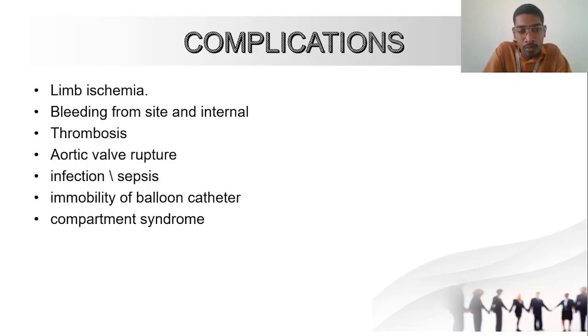And also compartment syndrome. It's a muscle condition where there is a blockage in the muscles, and swelling occurs due to pressure, so it can lead to a high amount of pressure.